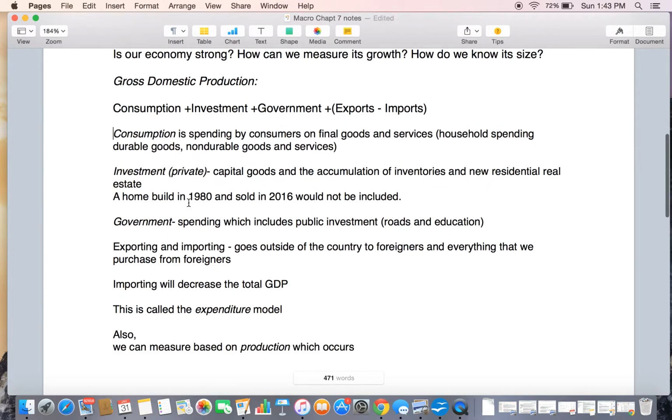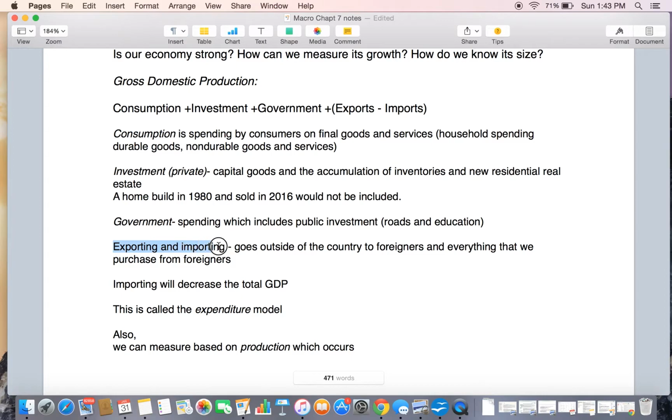You might see on an exam question saying, for example, if a company is to build a factory in 2014, how will that be counted towards GDP in the year 2014? And you would know that looking at our expenditure model, you wouldn't choose consumption because it's not spending by consumers on final goods and services. You would know that it's not government spending because it's a private company that's doing the spending.